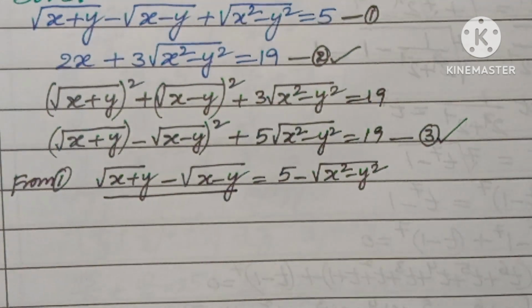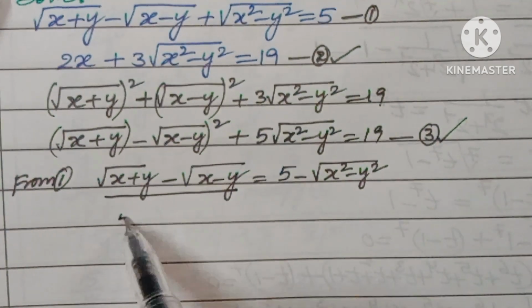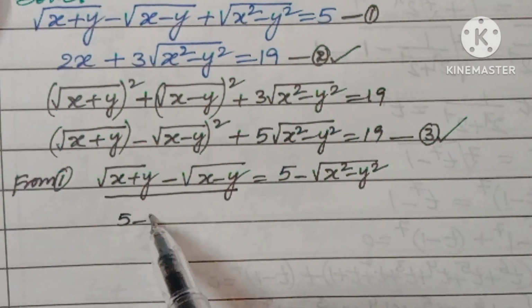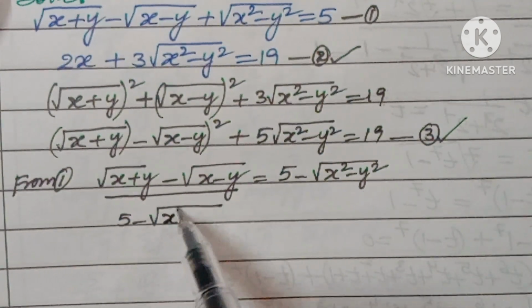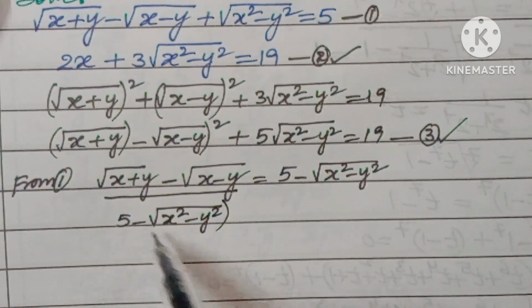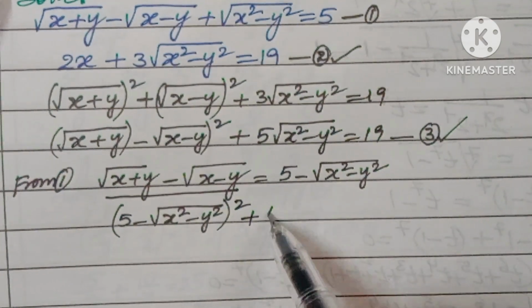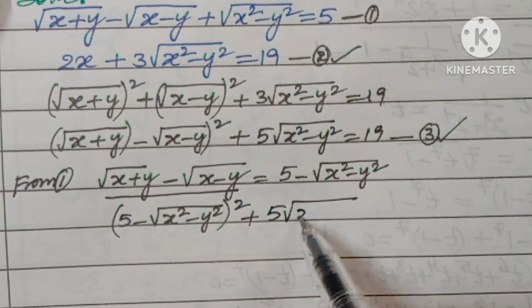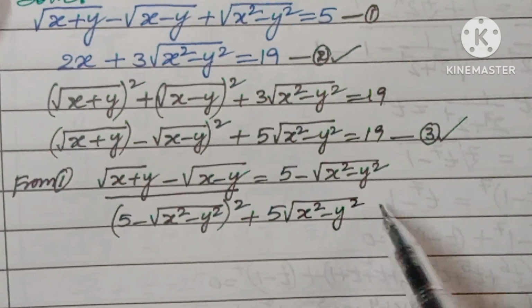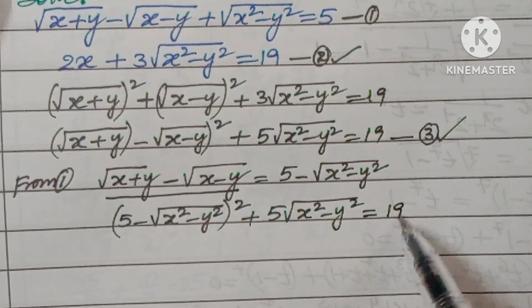Replace this value in 3, then we get (5 − √(x²−y²))² plus 5√(x²−y²) is equal to 19.